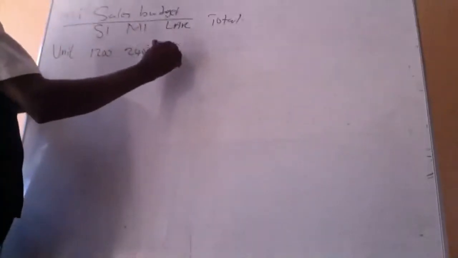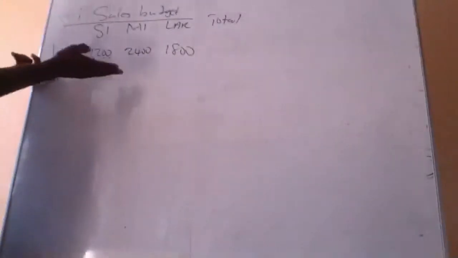And then the last one 1,800. So this is the sales budget. Units, we are done. That's all for the budget. This is for units. Then let me do the value.